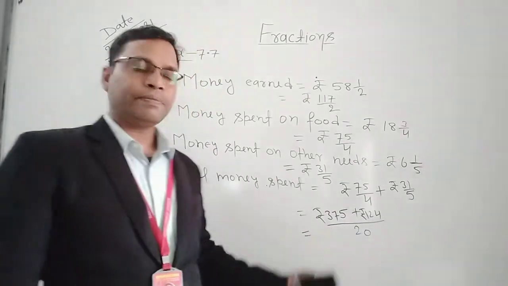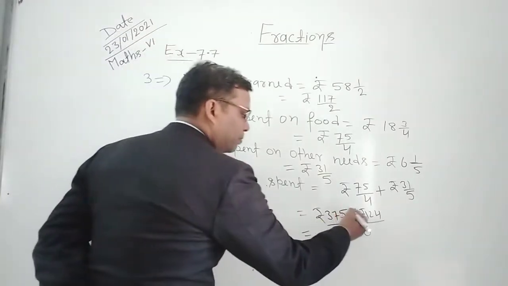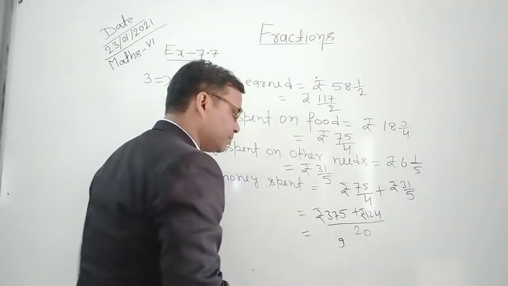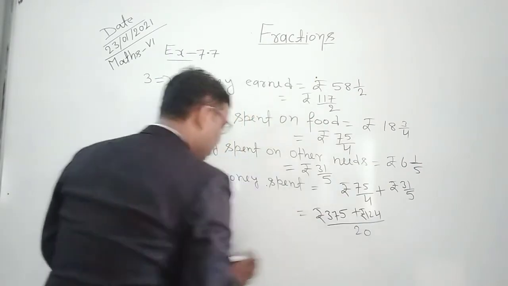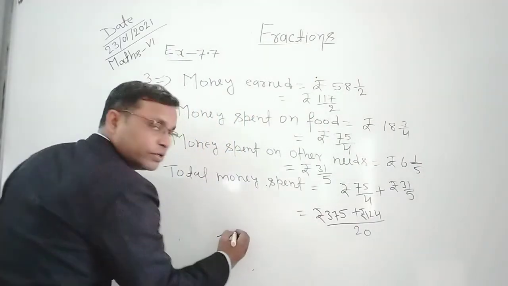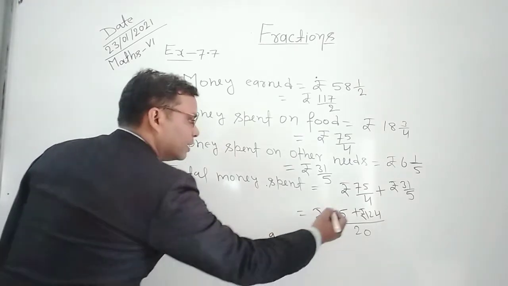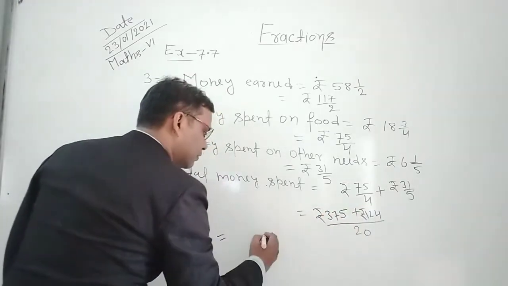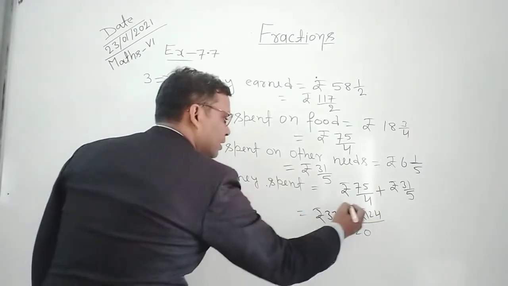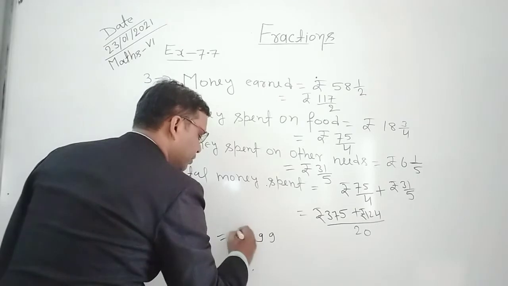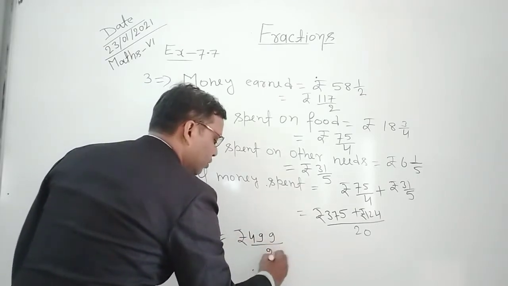If we add them, 4 plus 5 is 9, 2 plus 7 is again 9, 1 plus 3 is 4. Rupees 499 by 20.